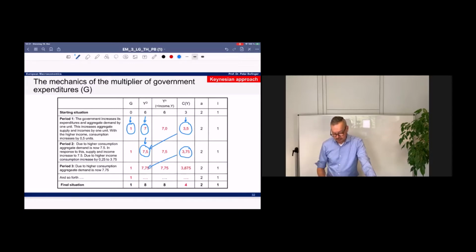And at the end of the process, you can see that given the 50% propensity to consume, 50% propensity to save, the effect of 1 unit additional government expenditure is an increase of aggregate demand by 8.